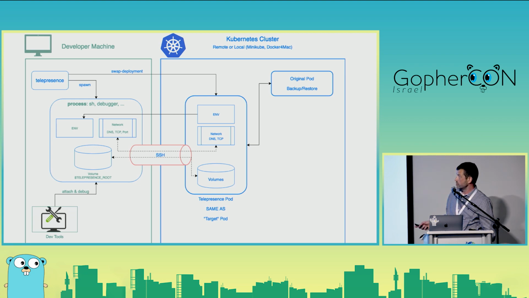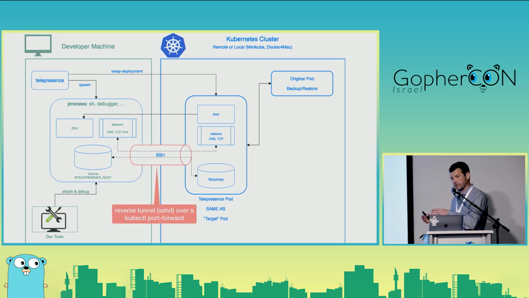When I use it together with the swap deployment command, it replaces the original pod that runs on the Kubernetes cluster, changes its replica to 0, and creates a new pod with the same environment variables and same volumes attached, and some DNS and TCP proxy which tunnels through a kubectl port-forward SSH tunnel back to the local development machine.